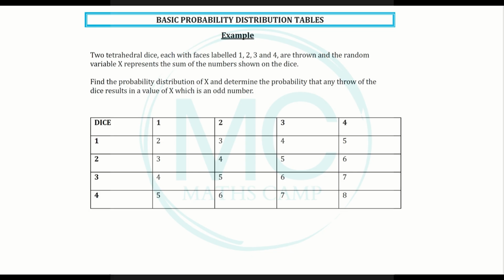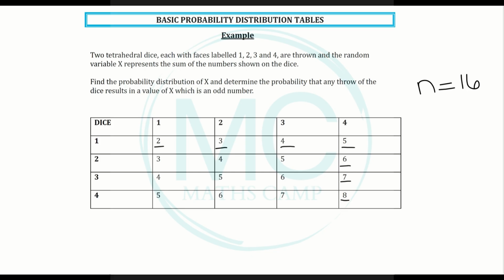I have 4 values in a row, I have 4 rows, so I have a total of 16 values. So I can make a note up here that n is equal to 16. In my table, I have 2's, 3, 4, 5, 6, 7, and 8. These are all my possible values for x.